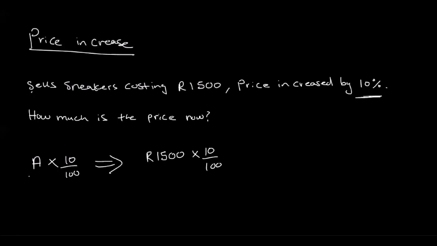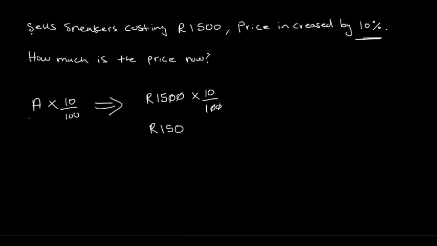Then you can quickly just cancel the zeros there. So you will find that your amount has increased by 150 rand.